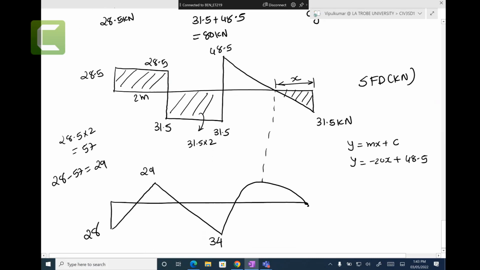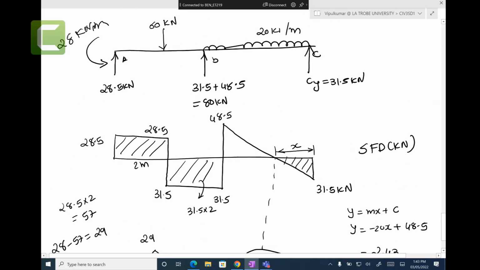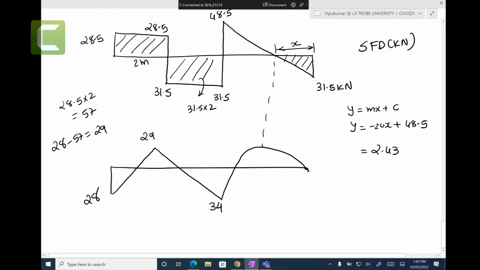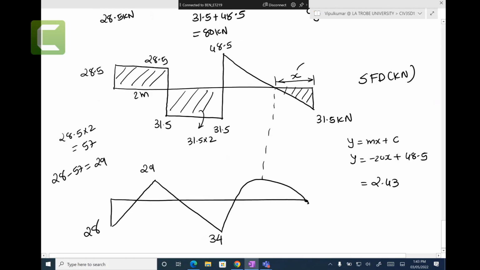If I want to find that, 48.5 divided by 20, you get 2.43. And then 4 take away 2.43 gives 1.575 meters. Then you take half times 1.57 times 31.5, which gives this value, 24.81. BMD in kilonewton meters.